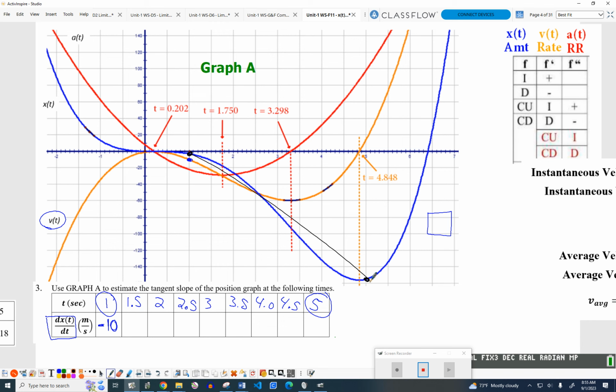But we won't learn how to do this for a while. Eventually, you will learn a method for taking every value of velocity on this orange graph, adding them all together, and dividing by how many you added up, and that will be the exact same number. So you will eventually know how to find average velocity 2 different ways.